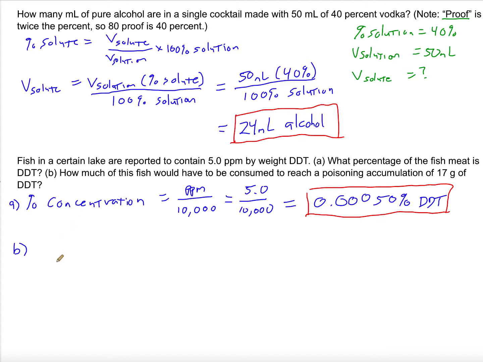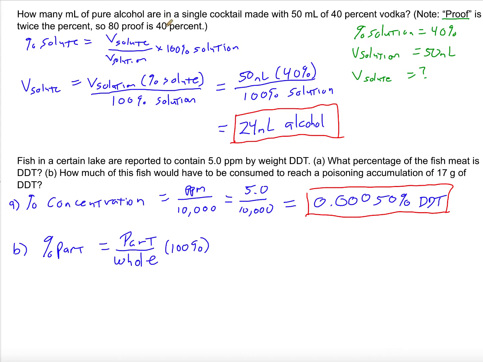So for this, we're going to use the equation that the percent of the part, the DDT that we're looking for, is equal to the part divided by the whole times 100%. So the percent of the part, and we're going to then put our numbers that we know in here.